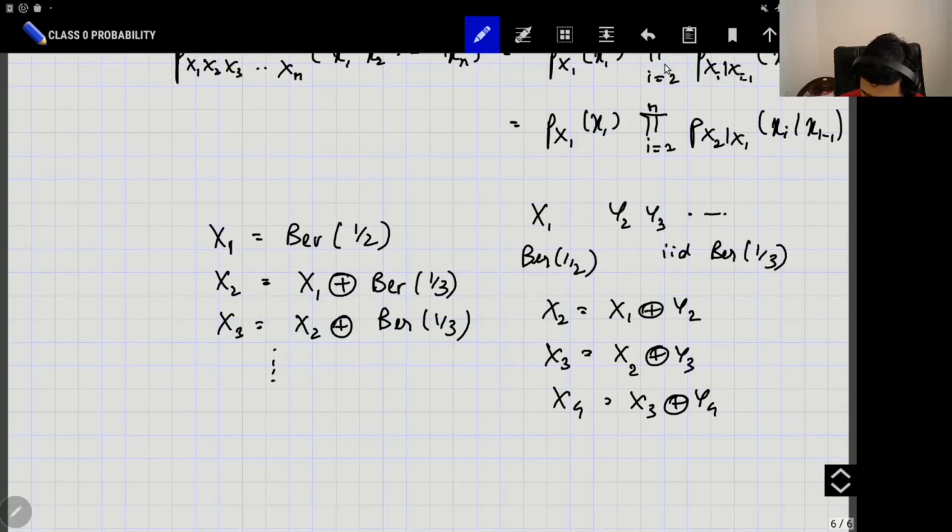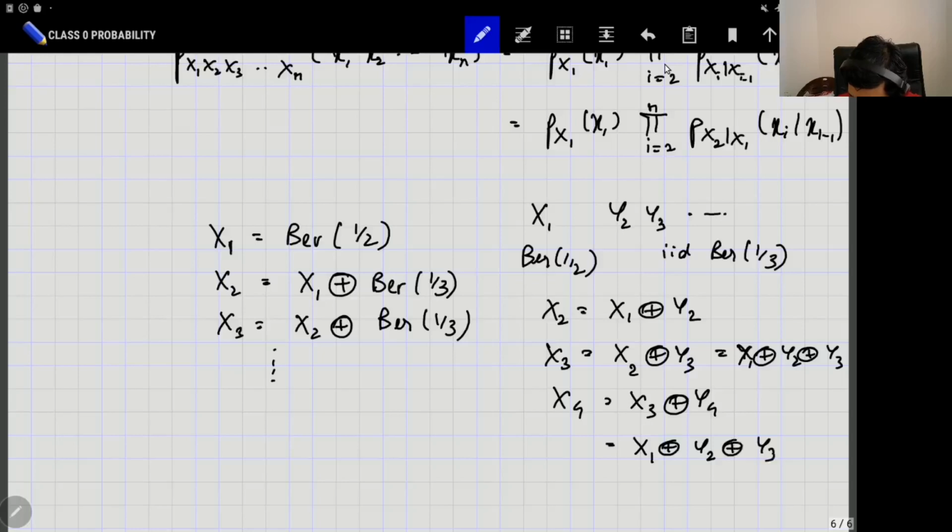So in effect x3 is x1 XOR y2 XOR y3, x4 is x1 XOR y2 XOR y3 XOR y4 and so on.